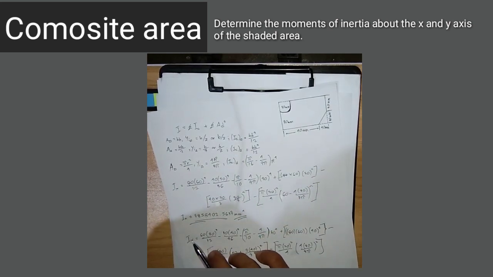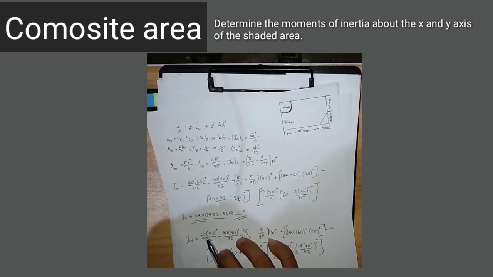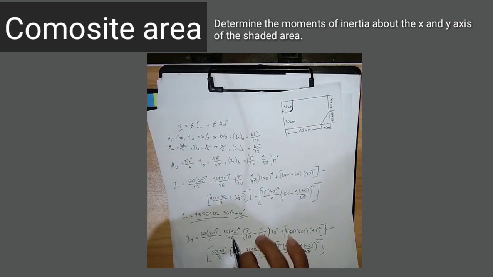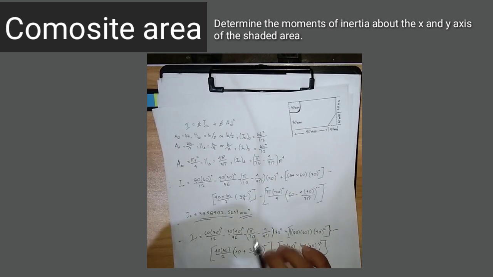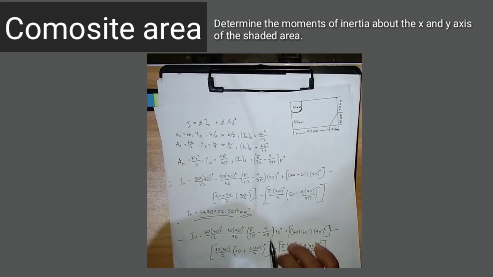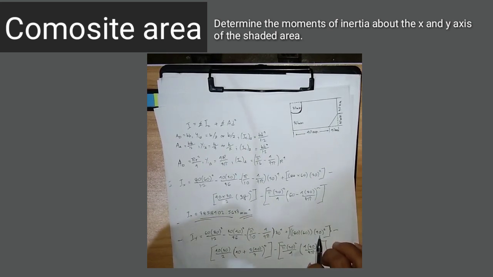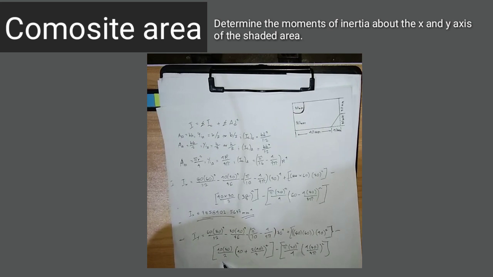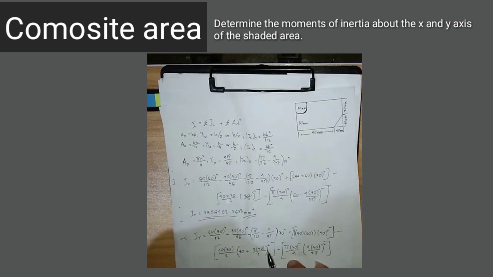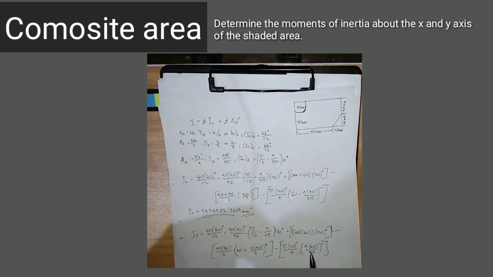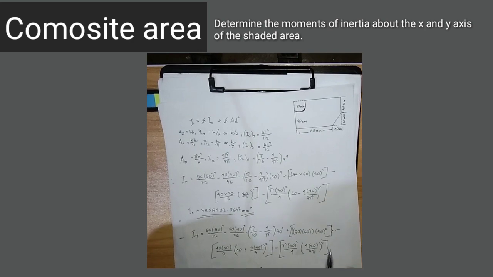Now to solve for Iy, we have 60 times 80 cubed all over 12 minus 30 times 40 cubed over 36 minus pi over 10 minus 4 over 9 pi times 30 raised to the power of 4 plus 80 times 60 times 40 squared minus 40 times 30 all over 2 times 40 plus 2 times 40 over 3 squared minus pi 30 squared over 4 times 4 times 30 over 3 pi squared.